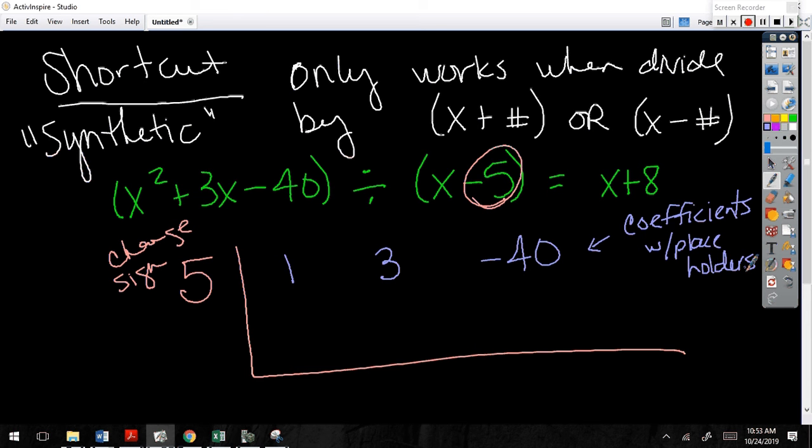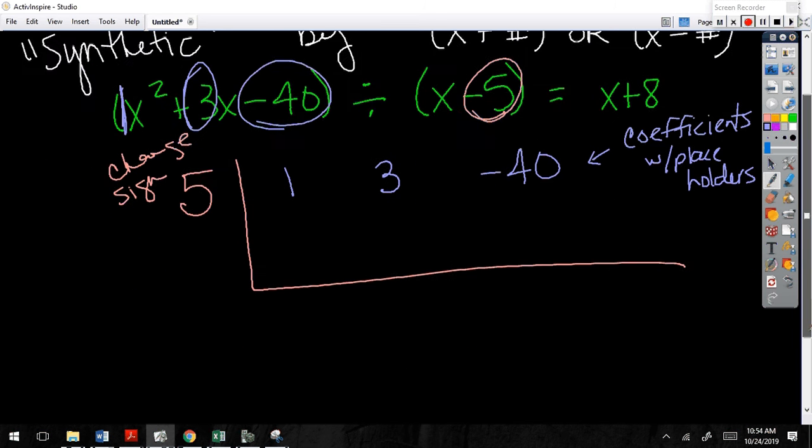This is a super easy first example. So 1, 3, negative 40. If there was one missing, like that one I showed you that had 5, 4, 3, then we did 0, 0, 0. All right. Drop down the first number.